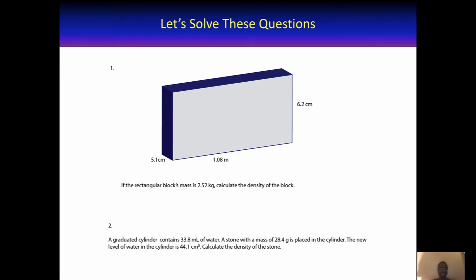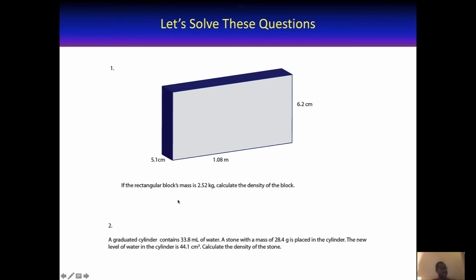But if you look closely, you notice that the length is in meters, while the width and the height are in centimeters. So this means we have to convert the length to centimeters so that all the units will be consistent. You have to know the relationship between meters and centimeters to be able to do the conversion.